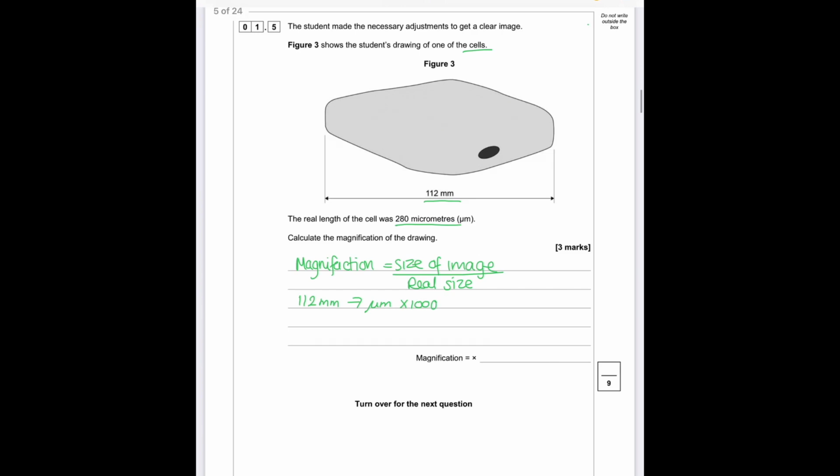So using that in my equation, that means I would have 112,000 micrometers as the image size, which was measured, divided by 280, which is the real size, to get my magnification. And if I calculate that out, the magnification is 400 times.